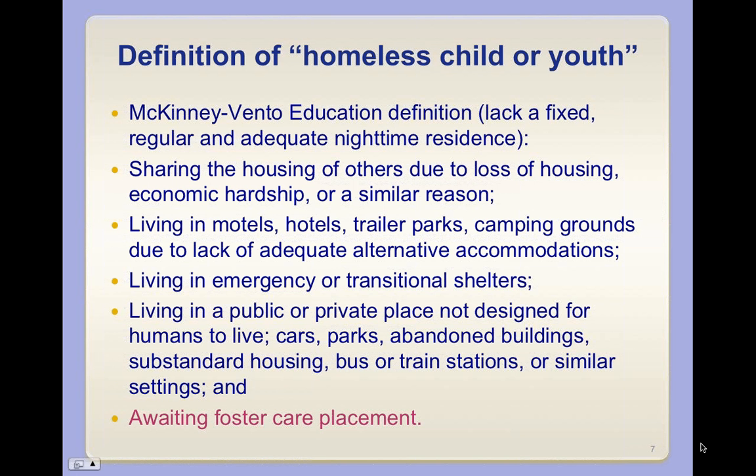So the recent changes to that law don't change anything about the way that you would normally serve children and youth in foster care under that law. So I'm going to pull out awaiting foster care placement from this and put it aside and just say the way you've been working with foster youth over the years is absolutely the way you should continue to do so. And this bill doesn't change any of that or in any way affect their rights.